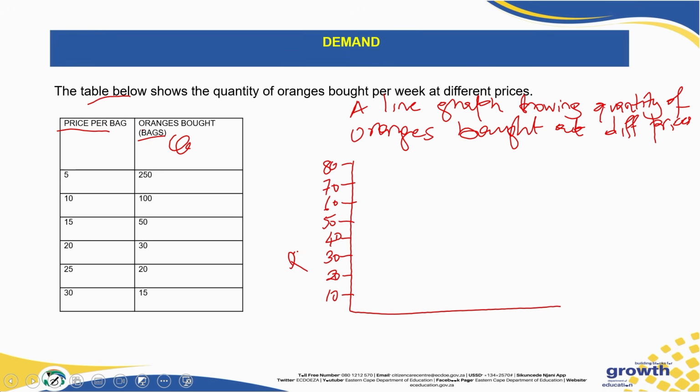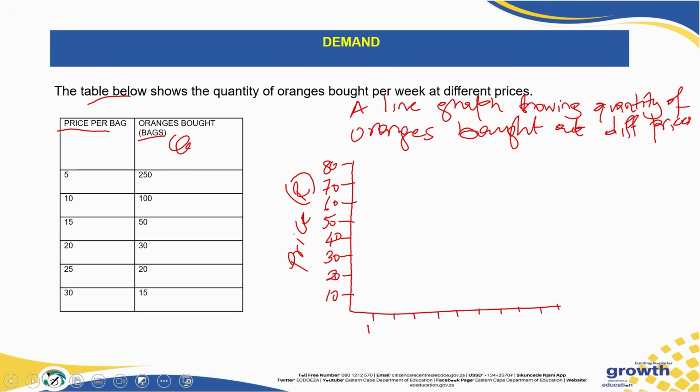With this side, always we have the price. Then the price has the units, which is rands. And then on the y-axis, we're also doing the scale. The spaces in between need to be equal.